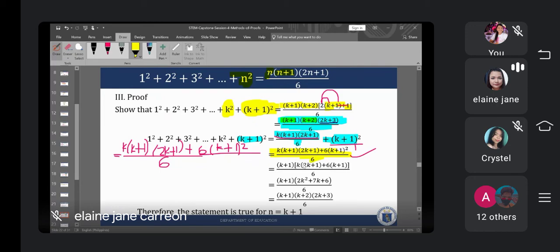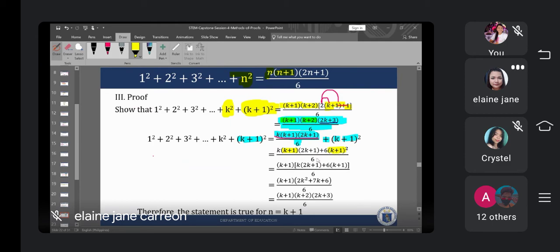Next, what we're going to do here is, we're going to factor out k plus 1. Tanggalin natin para makita nyo yung i-factor out natin. Okay, so let's factor out k plus 1. Ito yon. K plus 1 sa isang term at k plus 1 sa second term.